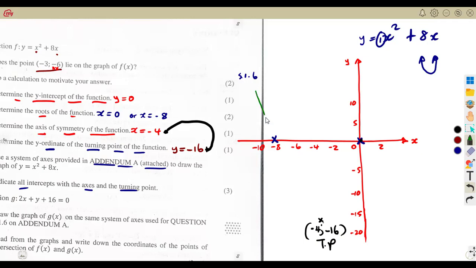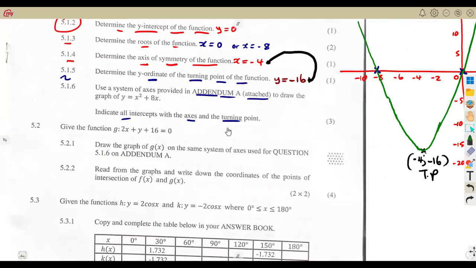So our graph goes to the turning point, then back to pass through the other root, which is also our y-intercept at the same time. So we have a sketch something like this. These are the intercepts, minus 8 and 0, and also our turning point. That is our f of x. Just write f. So that is it, guys.